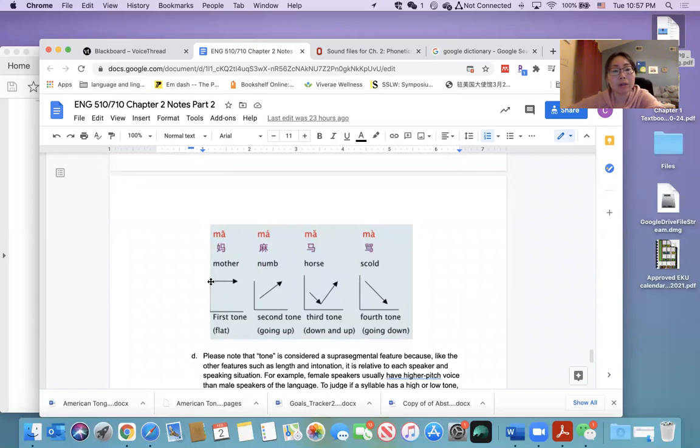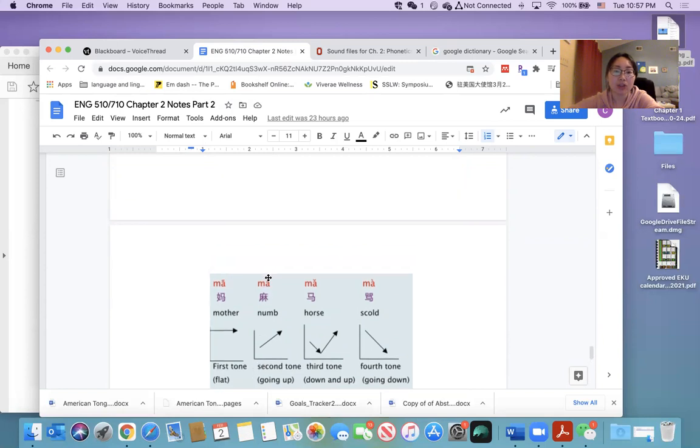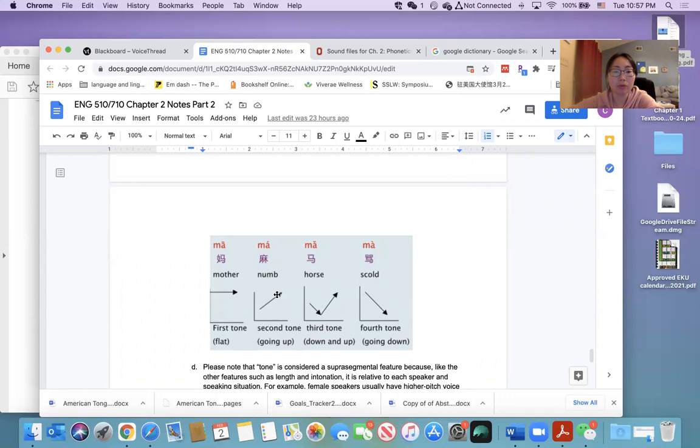If the tone does not change, it's called a first tone or flat tone. This is pronounced as ma, so you can hear that it stays at the same level. If the pitch goes up within the same syllable from a lower position to a higher position, then it's called a second tone.